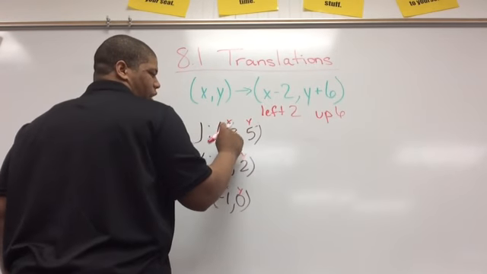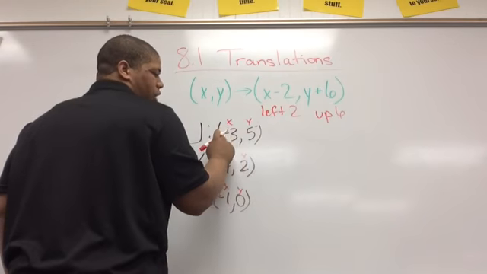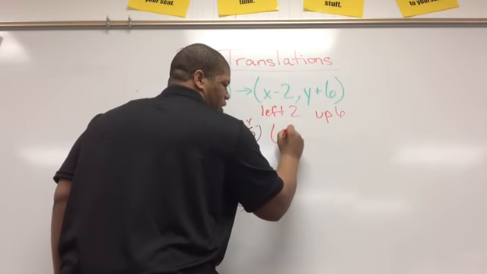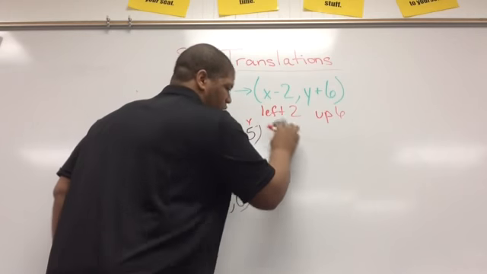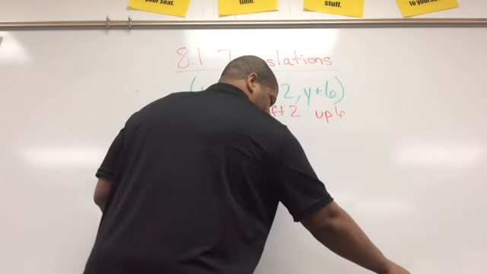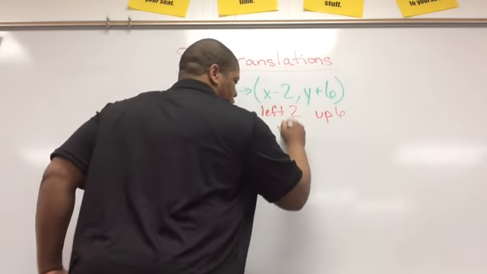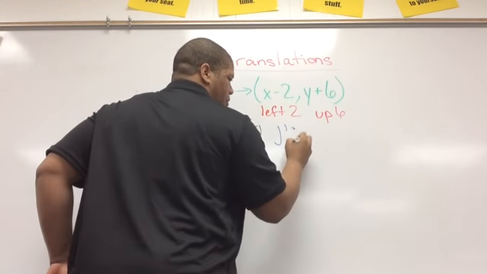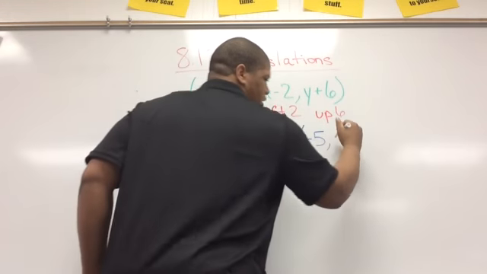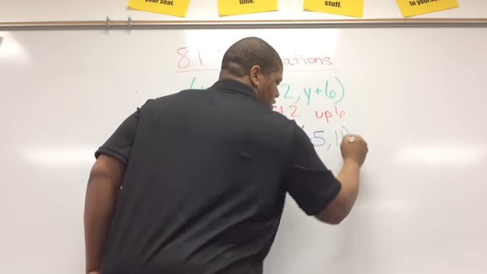So if I do x minus 2, negative 3 minus 2, my new point is now J prime. So my x minus 2, negative 3 minus 2 is going to be negative 5, and 5 plus 6 is going to be 11.